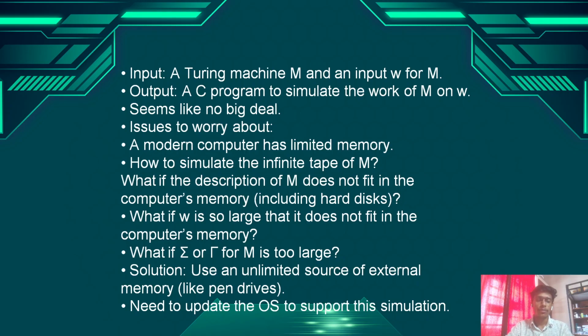But there are issues to worry about. A modern computer has limited memory, so how do we simulate the infinite tape of M? What if W is so large that it does not fit in the memory of the computer? And what is sigma, what is gamma, and what if M is too large? The solution is to use an unlimited source of external memory, like pen drives.